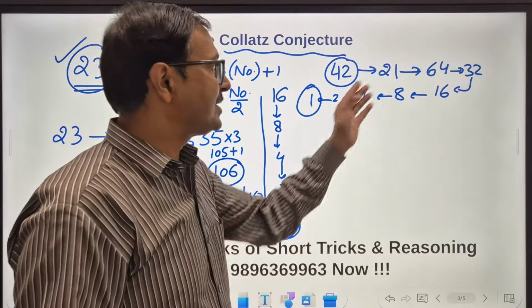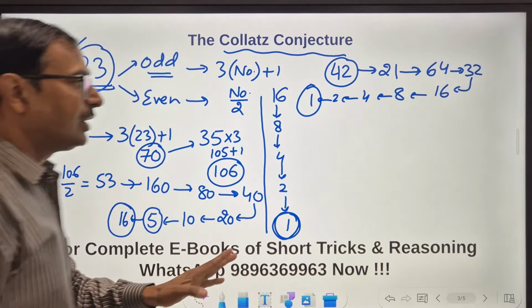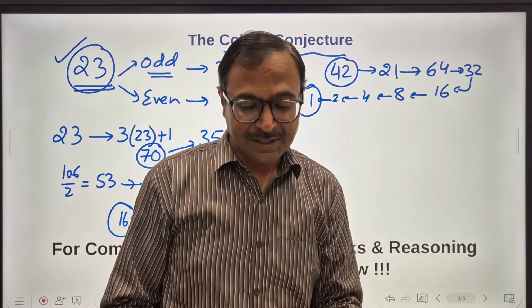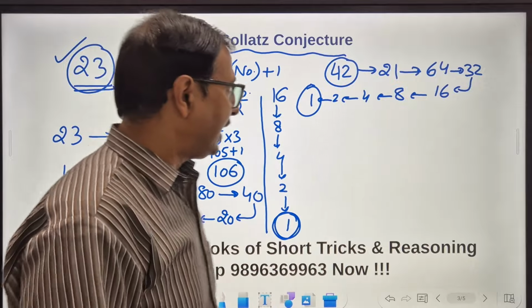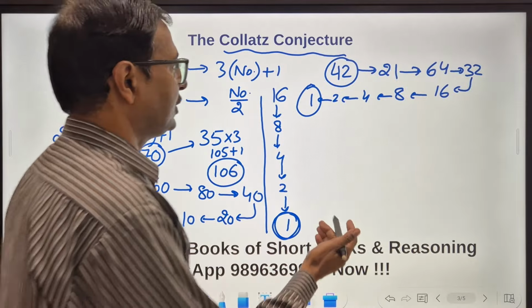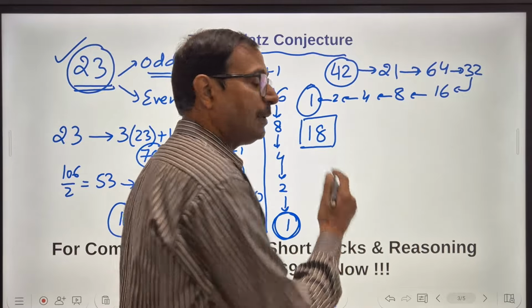So how many steps? Very few steps here, but here the number of steps were quite large. So the number of steps depends on which number you are starting with. Even if you have a small number, the number of steps might be more.